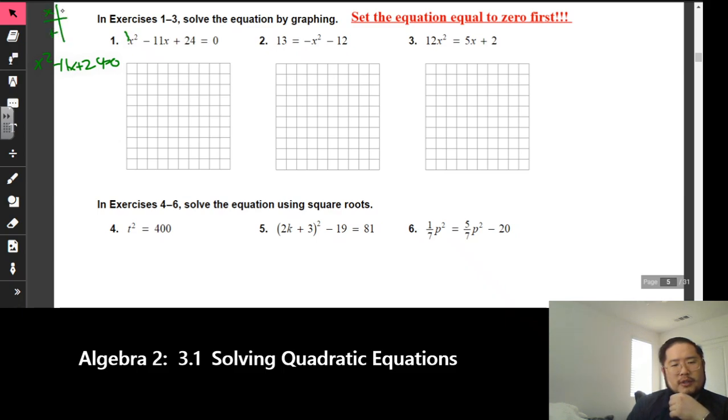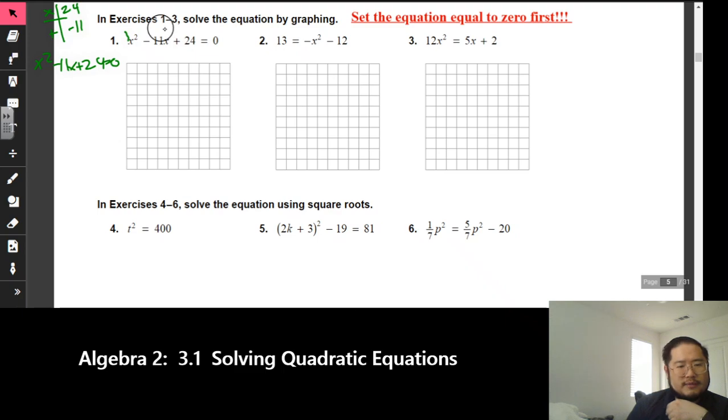The x means multiply: factors of 24 that add up to negative 11. There's only one combination that works, and you have to figure out what that combination is. So if you go through the process, you could always try 24 and 1, that does get us 24, but 24 plus 1 does not get me the middle term, which is negative 11.